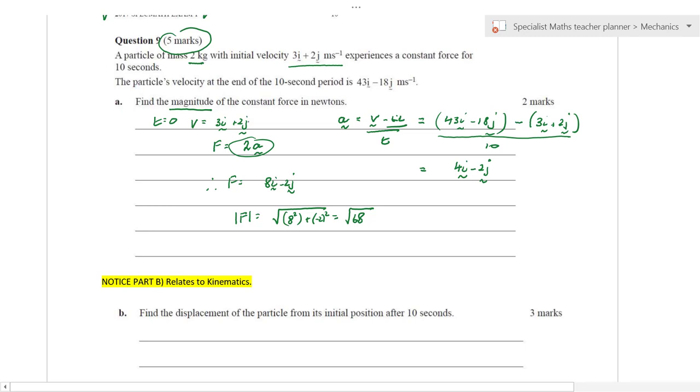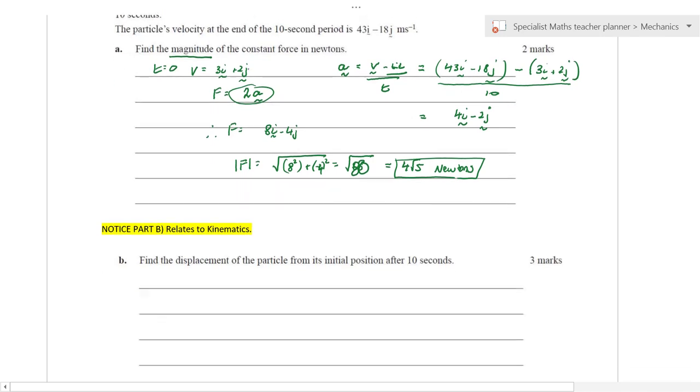In actual fact, you would have lost all 2 marks. So let's change that to minus 4j, which is a minus 4 squared. And 4 squared is 16, plus 64, that's the square root of 80. 16 times 5 is 80, which is equal to 4 root 5 newtons. I don't think you really need to write newtons, but anyway, there's your answer.